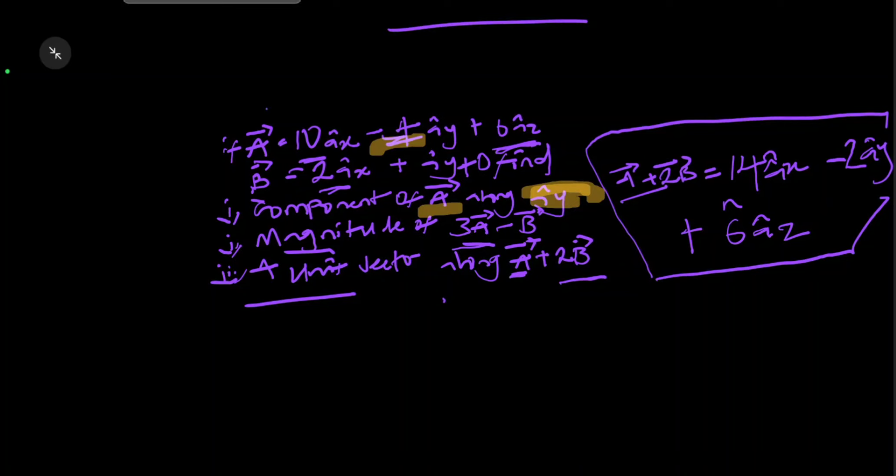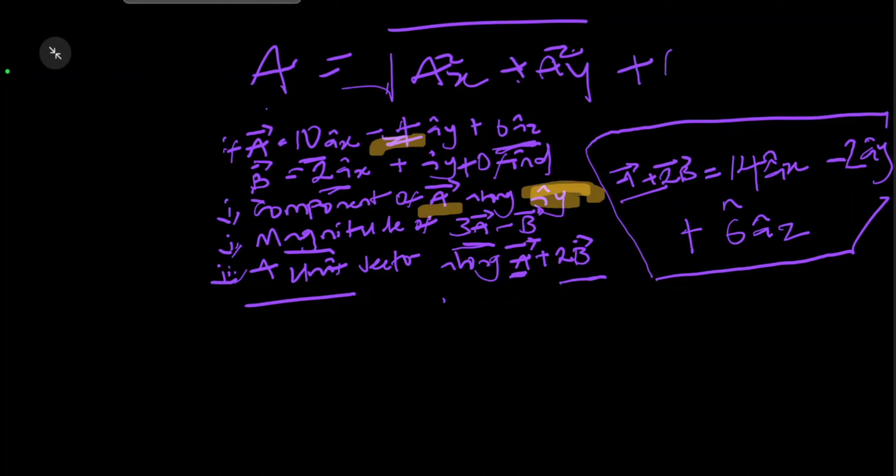Let's not forget the formula again. To find the magnitude of A, we can write it as ax squared plus ay squared plus az squared.